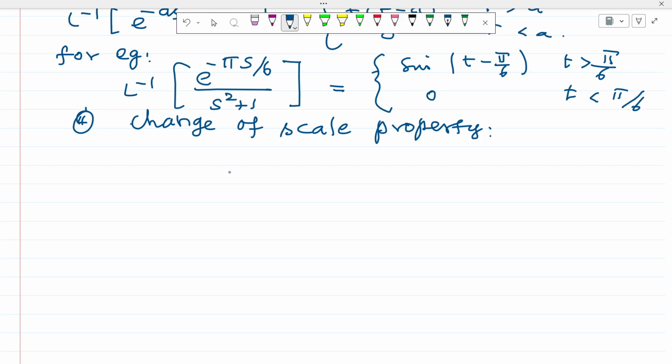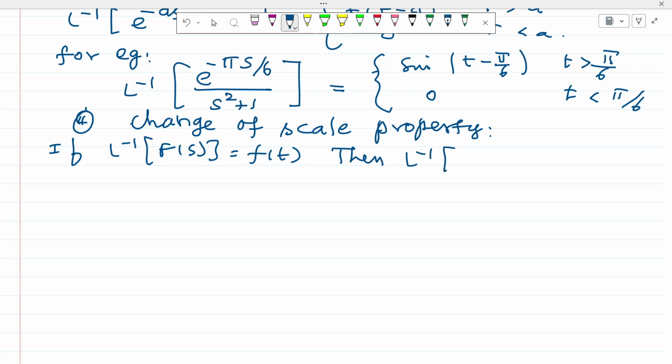In the change of scale property, the statement is: if L inverse of f of s equals f of t, then L inverse of f of as equals 1 by a f of t by a.